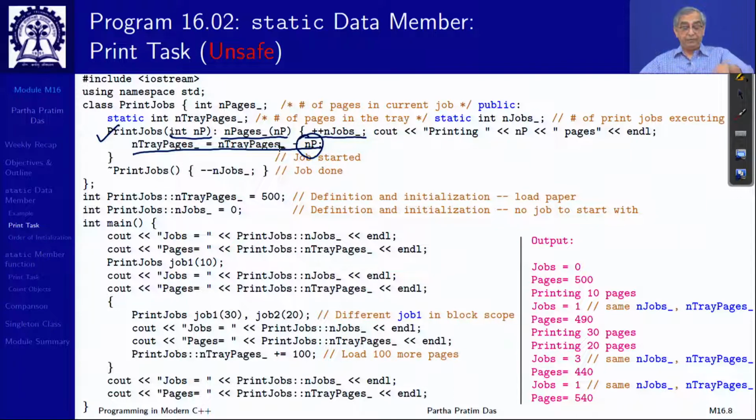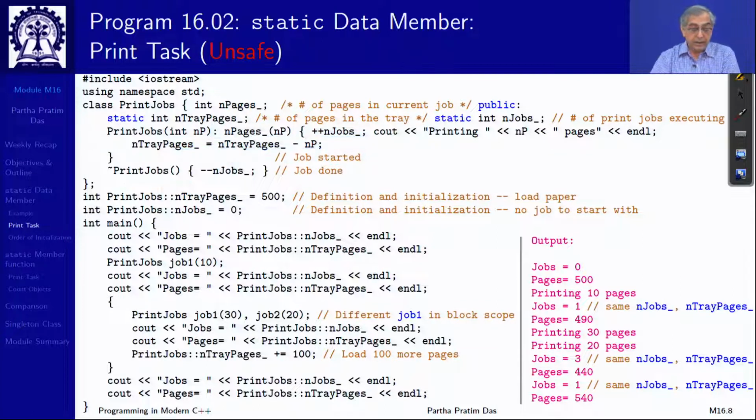So, the tray will be left with n tray pages minus NP pages. Every time a job is placed, a construction is done, this will happen. And what will happen in the destruction? Naturally, when I destroy, it means that this job is over. So, now there will be one less job to do, right. So, it will become n jobs minus 1, right.